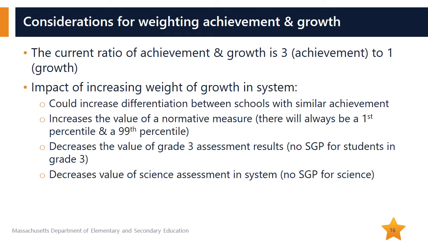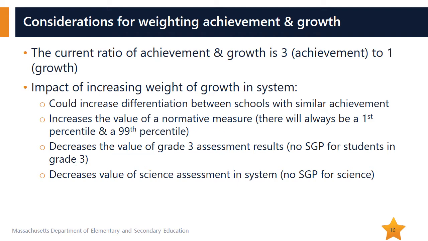Much of the discussion around the weighting of indicators focuses on the weighting of achievement versus growth. In the most recent accountability system, the ratio of achievement to growth was 3:1, 75% achievement and 25% growth. There are a few pros and cons to keep in mind when thinking about changing or increasing the weight of growth in the system.